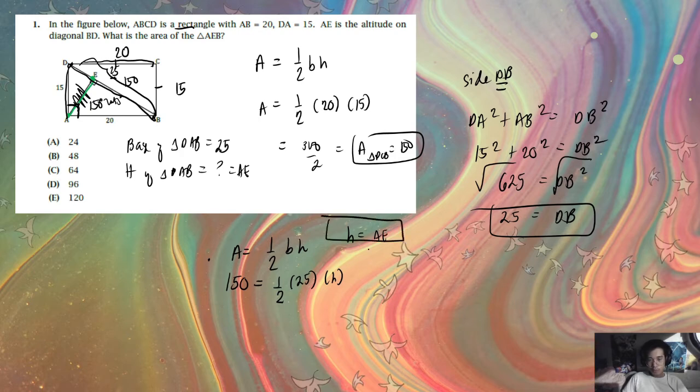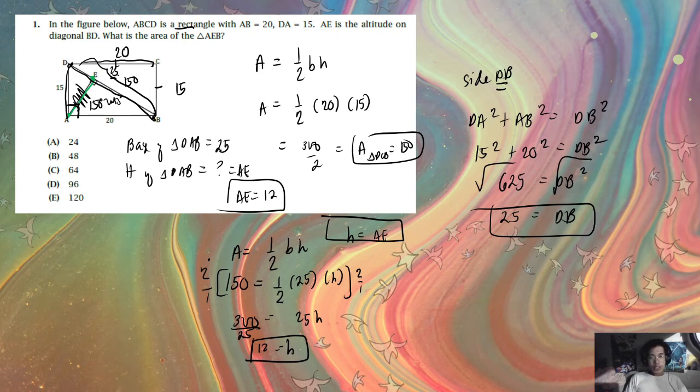Multiplying both sides by 2 to cancel the denominator, 300 is equal to 25h, and therefore h is 300 divided by 25, which is 12. Therefore, AE is equal to 12.